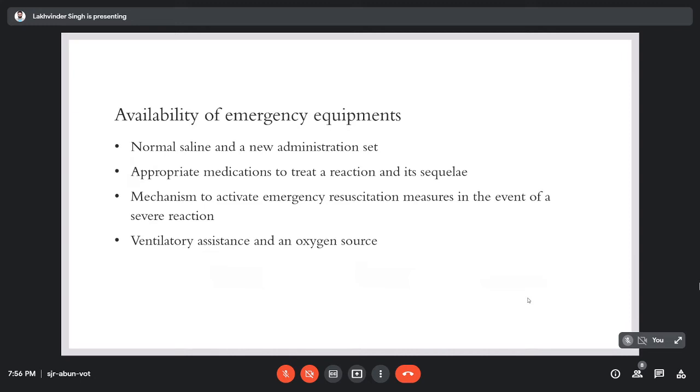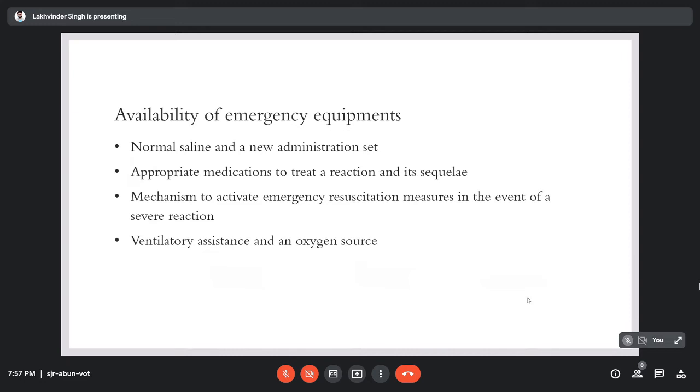Because in TRALI, we have seen the mortality is very high. The mortality used to be very high, but nowadays, as awareness has improved, as soon as the patient's oxygen saturation dips because of TRALI, and the physicians are able to diagnose that the patient is going to develop TRALI or TACO, they immediately start oxygen.